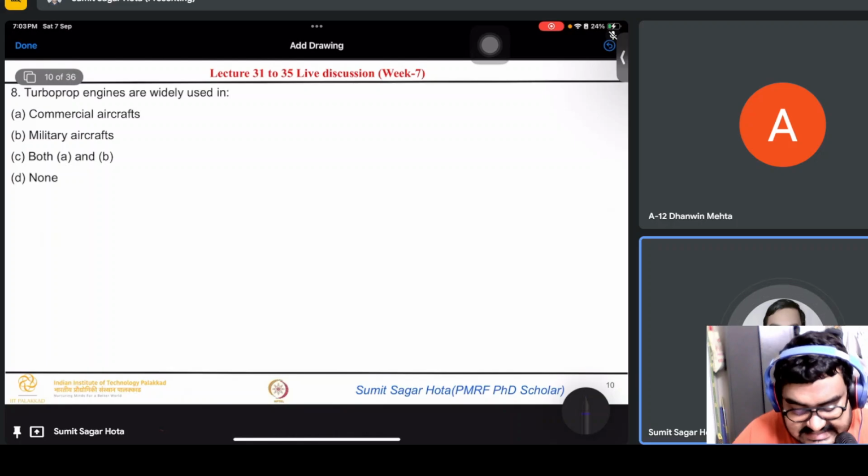If you see cargo aircraft, in the military department, there for taking higher loads we are using these turboprop engines. And if you see commercial, more specifically, there are no turboprop systems there. Rather, you see them in small flights, because in commercial mostly turbojets are used nowadays.